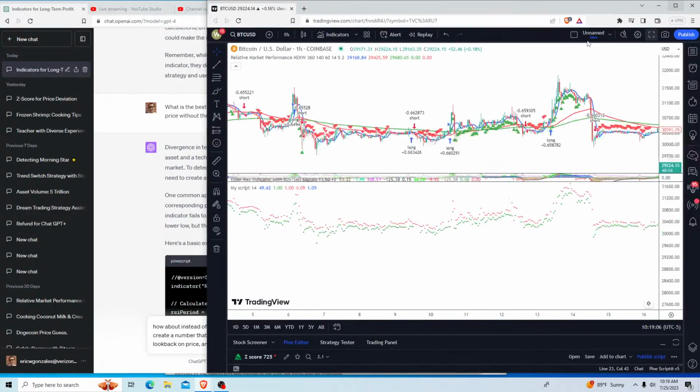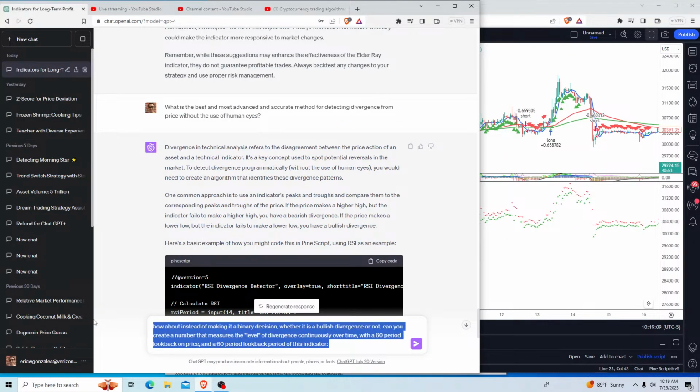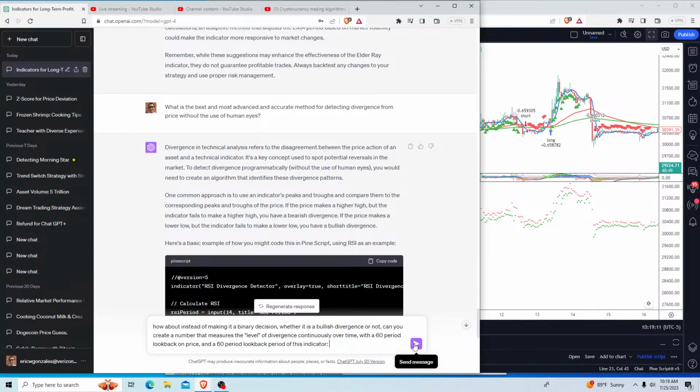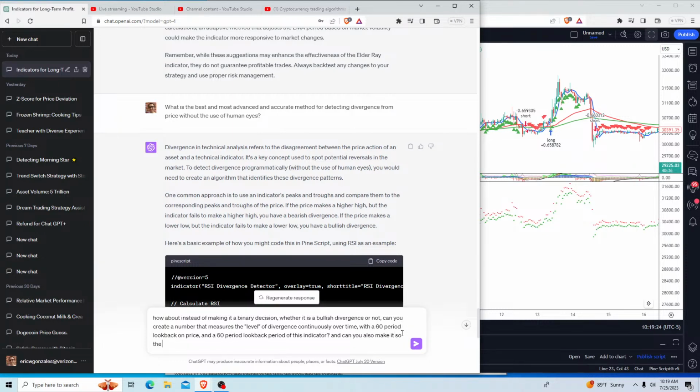So let me ask ChatGPT. But first let me ask it this. Can you also make it so the signal is generated immediately within the candle?